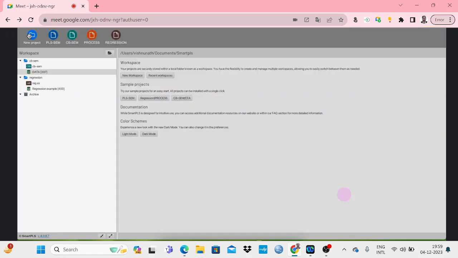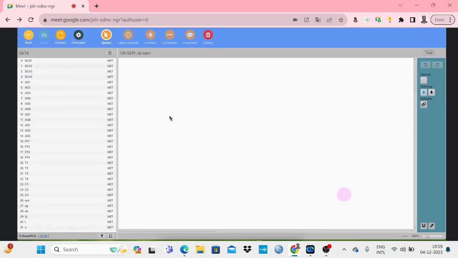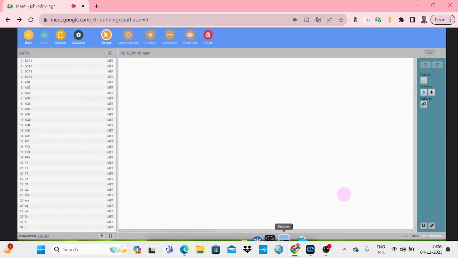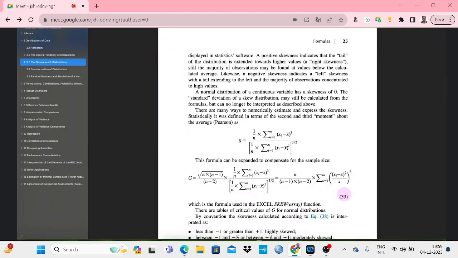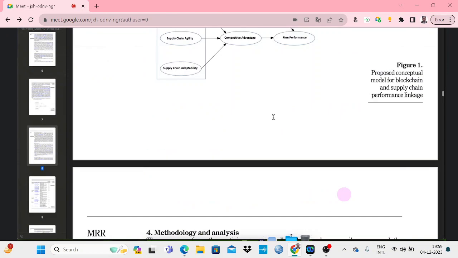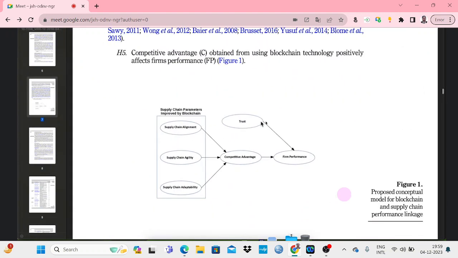Now we'll click back and go to the canvas. In the canvas, we have to draw this model as it is, so that the relationships we are trying to test are the same, not different. We have to draw this model and supply all the indicators.